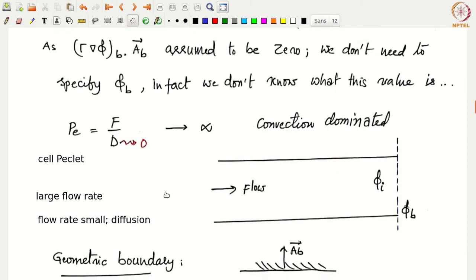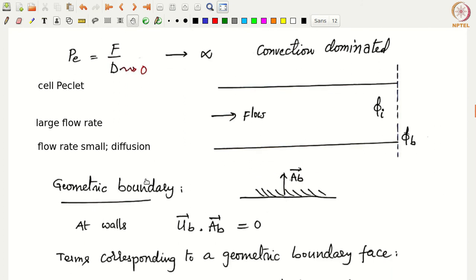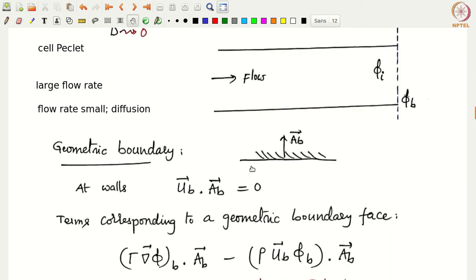Now we have one final boundary condition, that is your geometric boundaries. That means we have walls such as this, in which we have a flow that is going in, and let's say there is a cell here. Okay, we have a cell here, and this is your AB bar, again pointing away from the cell.